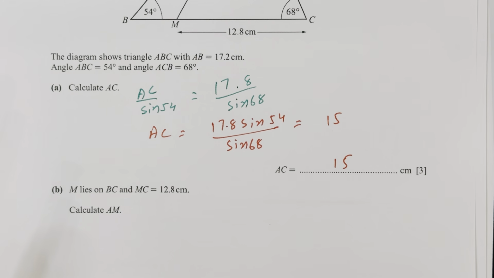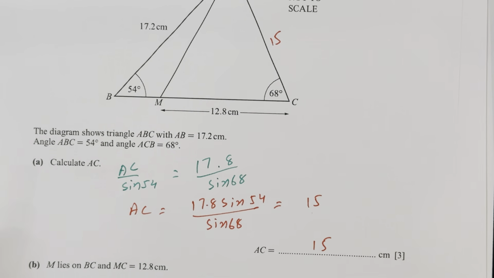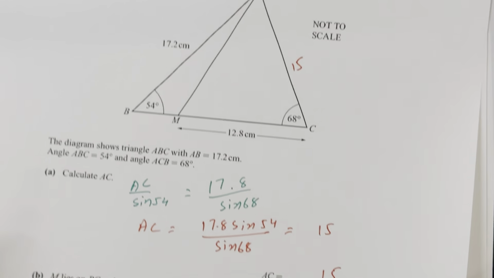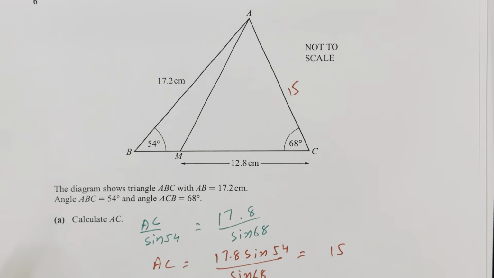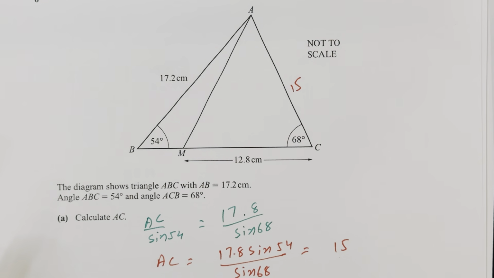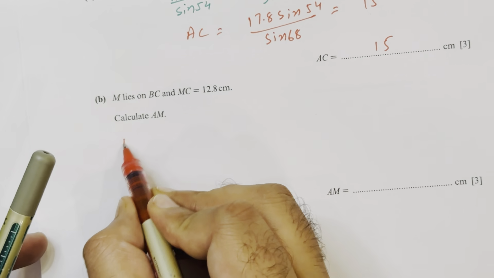Okay, moving to its B part. B part is that M lies on BC. We can see that and MC is equal to 12.8 centimeter. Calculate AM. For calculating AM, we have to apply cosine rule because we have been given the two sides and one angle. So we can easily apply cosine rule.